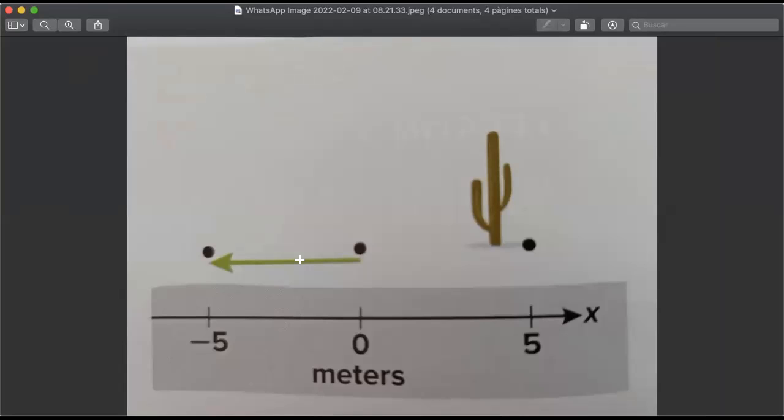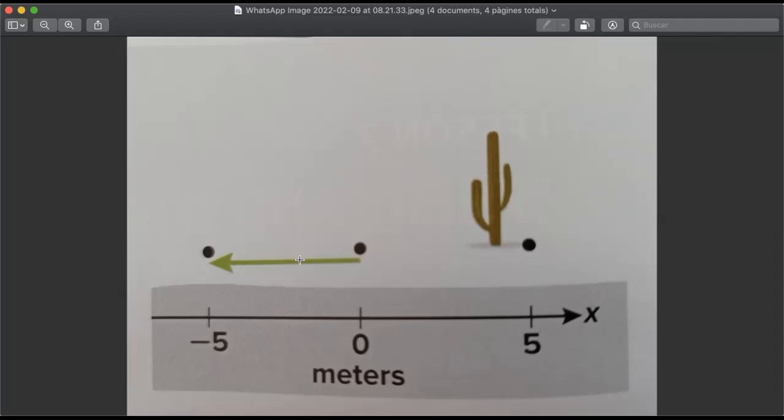So if I choose a point in space and I decide to put all positions to the right of this point as positive, yes, we can do that. But of course, if I want, all points on the left side will be negative from the origin.